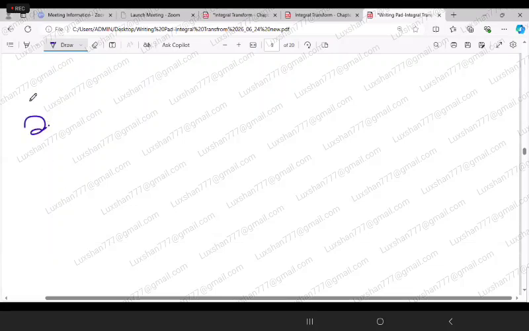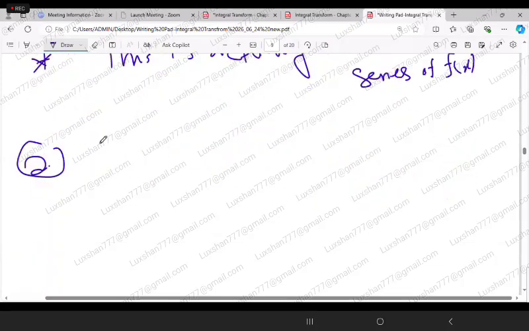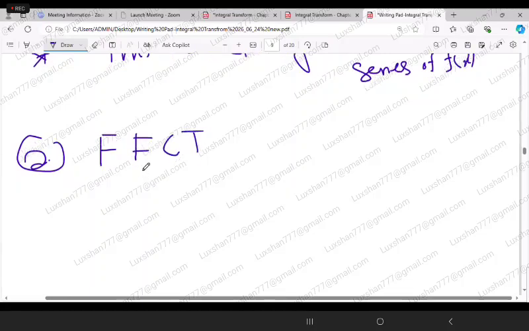Similarly, we have the second one, that is the finite Fourier cosine transform.